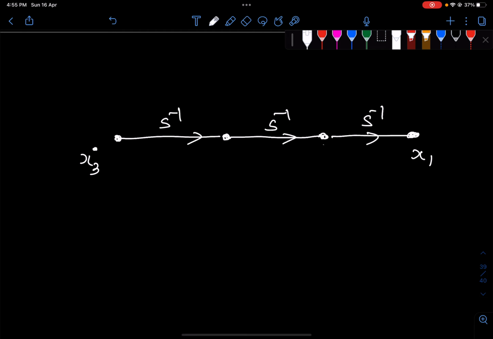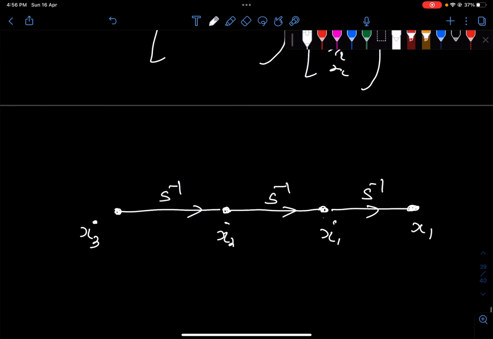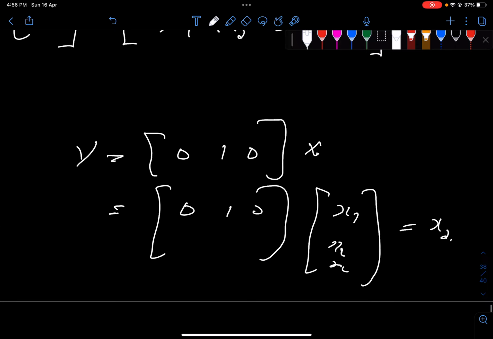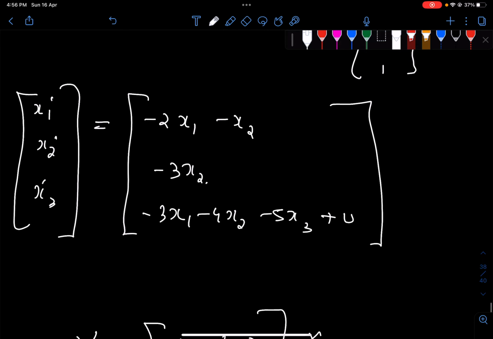This is the movement, right? So this is x3, that is equal to x2 dot, and this is x2, or just here you mention it as x2 dot, and this is x1 dot. So x2 dot, from integrating x3 dot, has a contribution of x3. But you know what x1 dot is here: minus 2 times x1 minus x2.